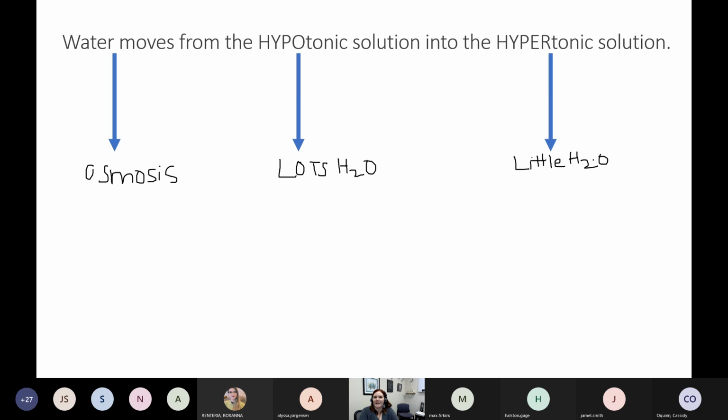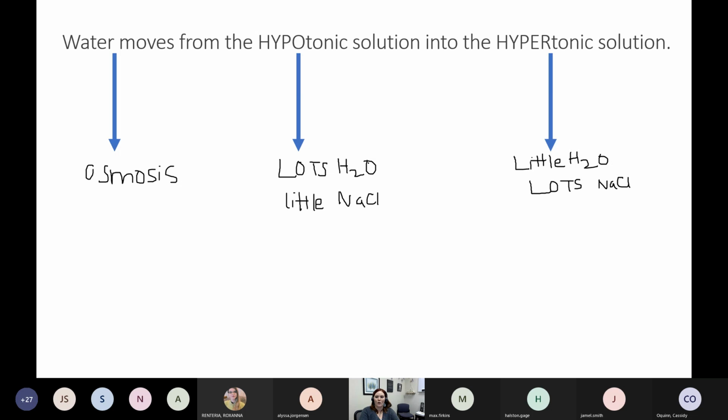Or the other way we can compare a hypotonic solution to a hypertonic solution is where we have a little of the salt, a little of the dissolved stuff, to where we have lots of the dissolved stuff. Two ways to think about osmosis.